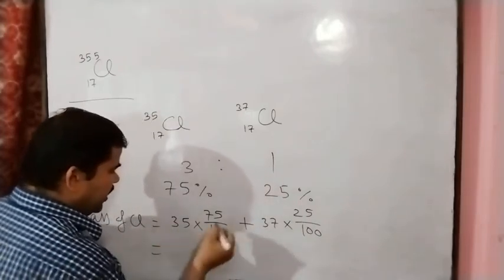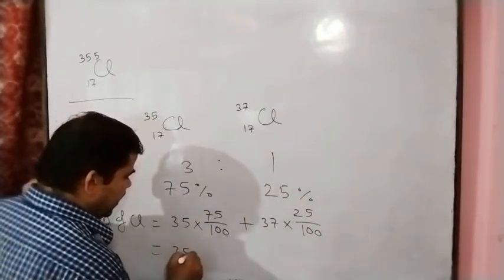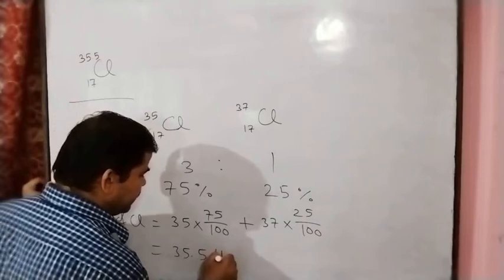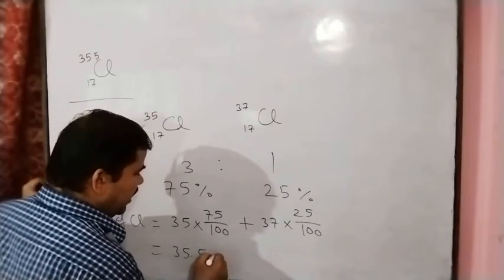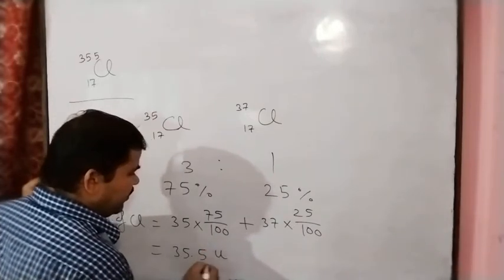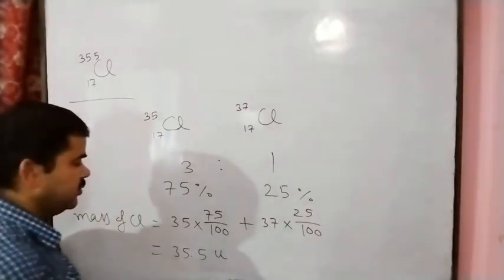After the calculation, we get 35.5 amu. And amu we can also represent in short form as u.